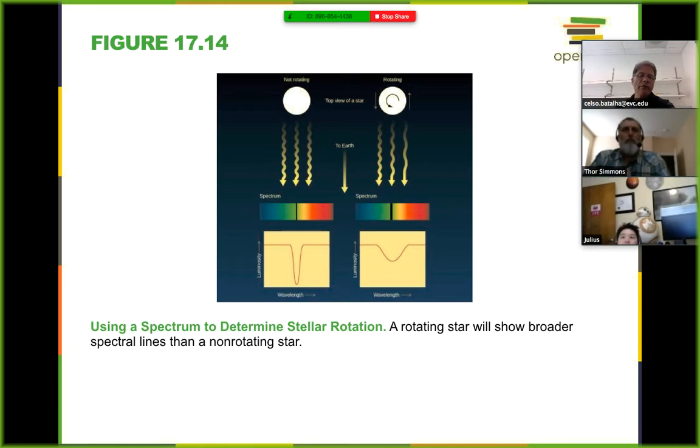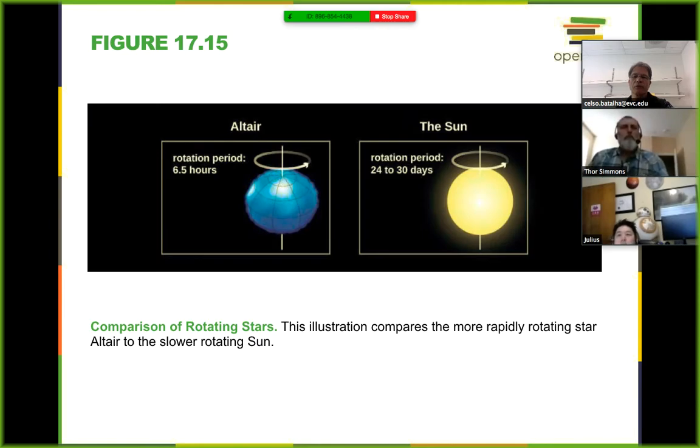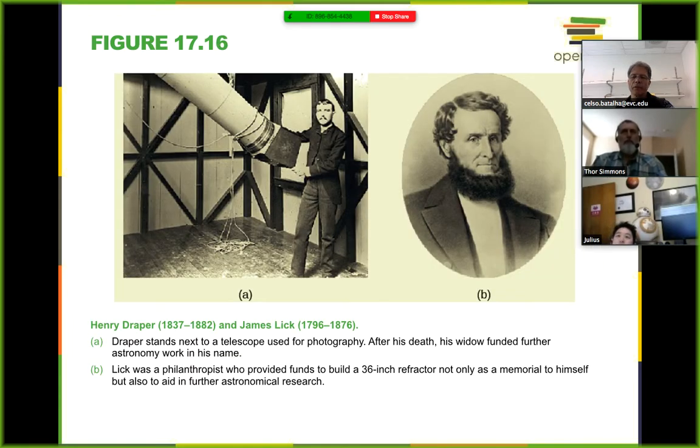And by doing so, you can indicate what is the rotational rate of that star around its axis of rotation. So again, it's another piece of information that can be derived using spectroscopy. Some stars rotate very fast, 6.5 hours, while the sun takes 25 days to complete a rotation.